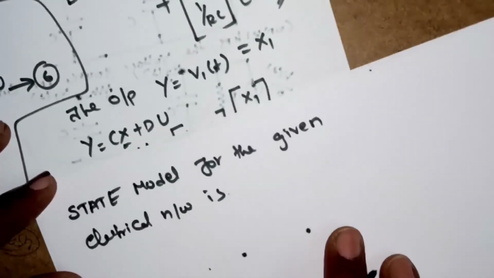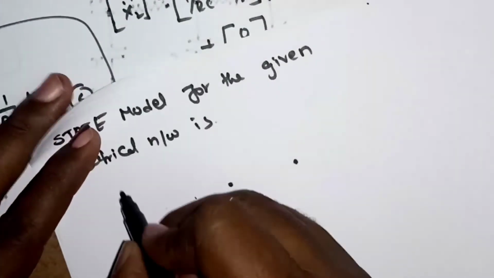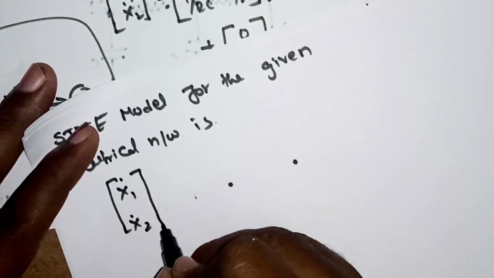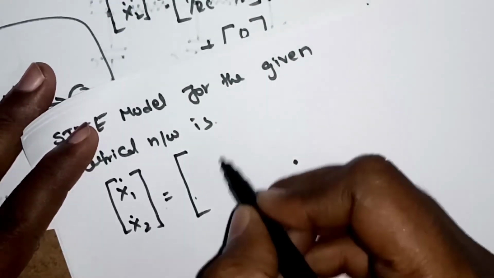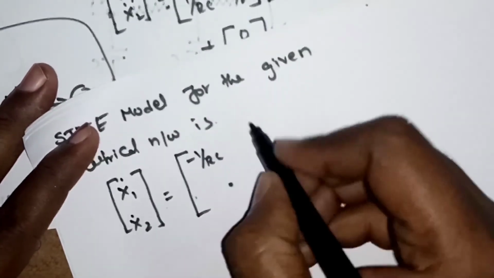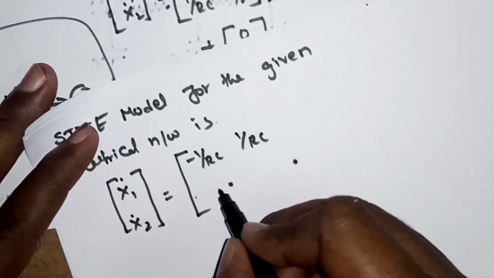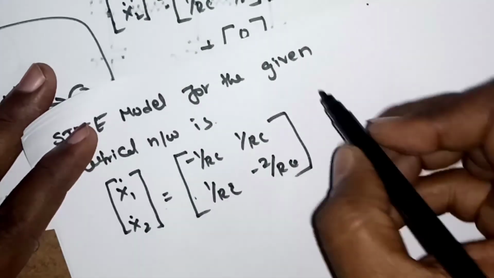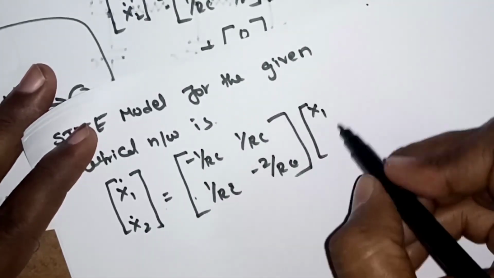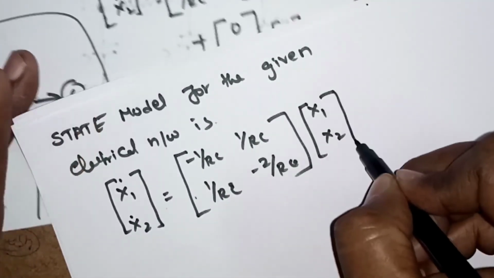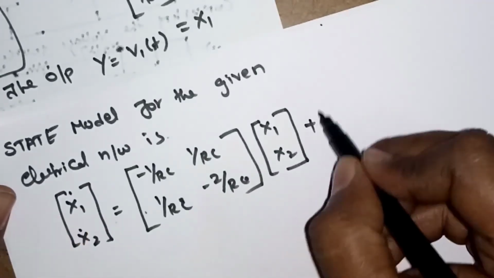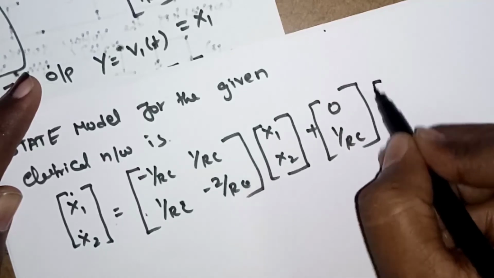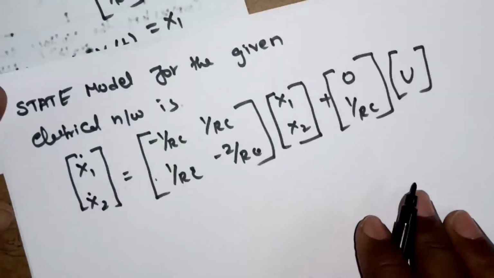So the state model for the given network is: x1 dot, x2 dot is equal to minus 1 by RC, 1 by RC, 1 by RC, minus 2 by RC, into x1 x2, plus 0, 1 by RC into u, which is the state equation.